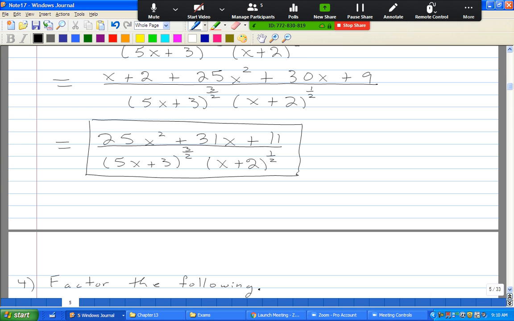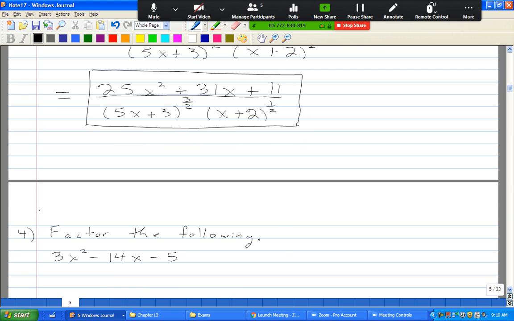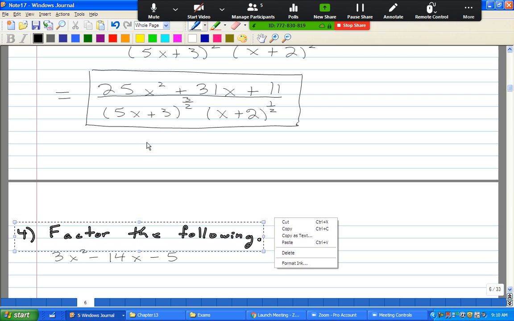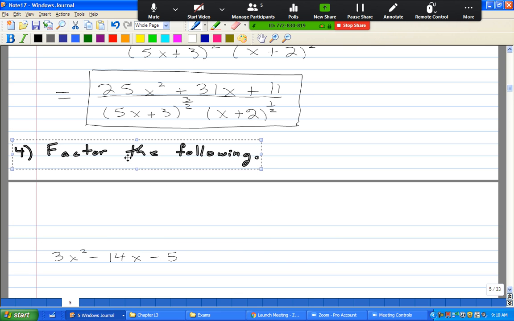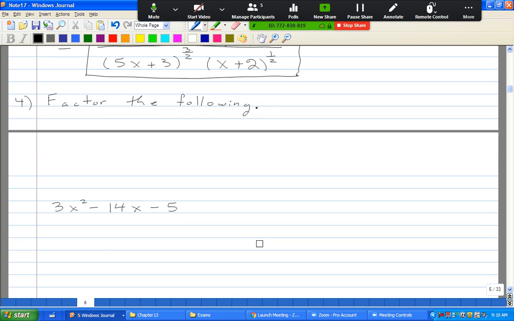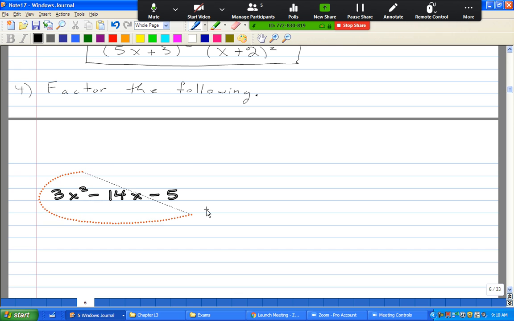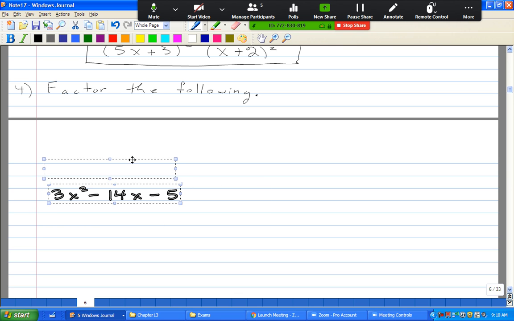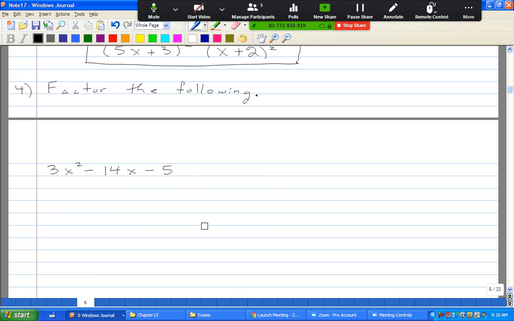Okay. Let me do problem number 4. Factor the following. And so let's factor 3x squared minus 14x minus 5.